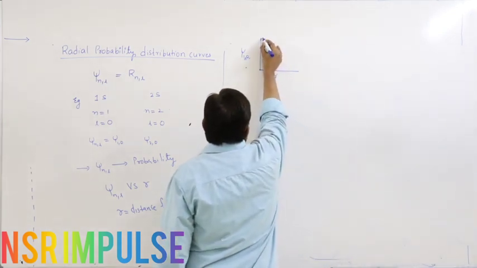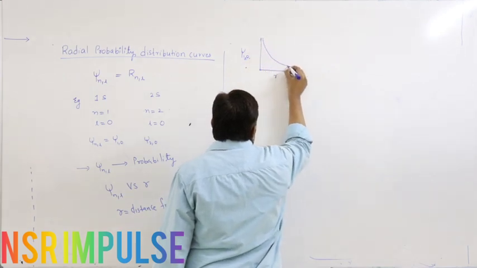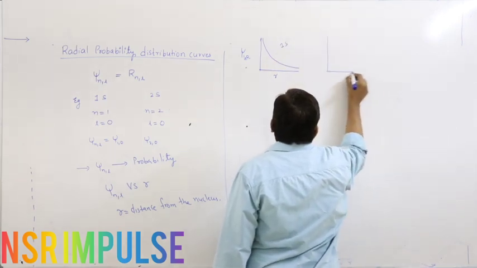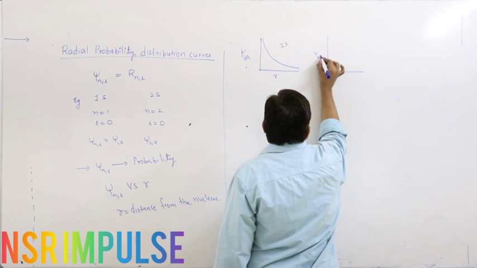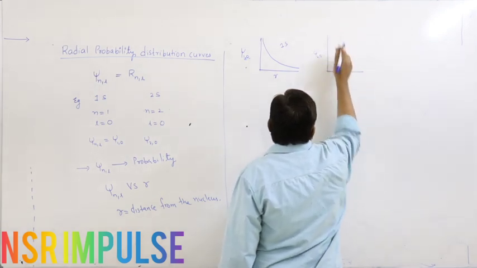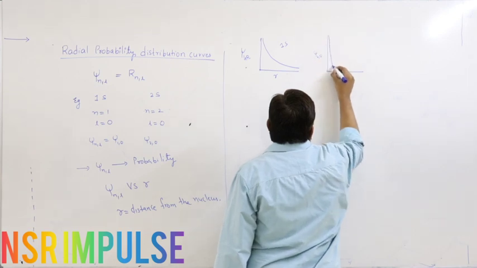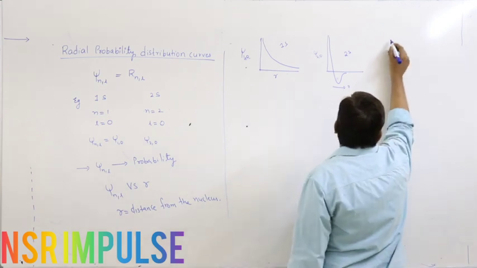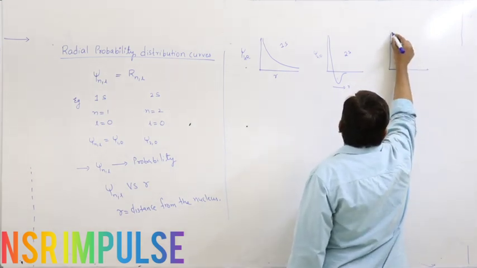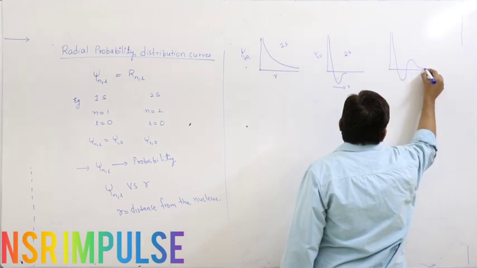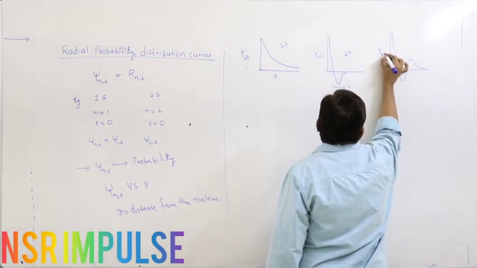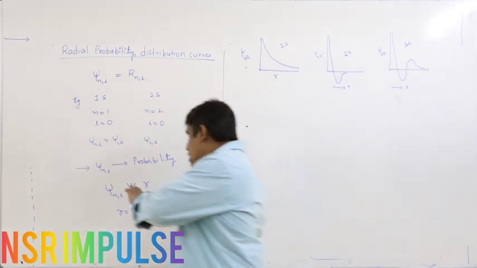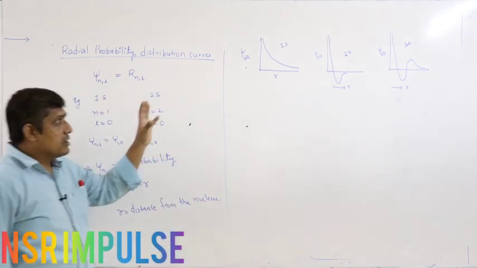So when you solve the equation and plot the graph, this is the nature of the graph obtained for 1s orbital, this for 2s orbital, and this for 3s orbital.